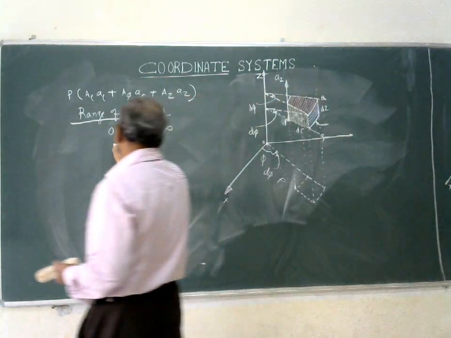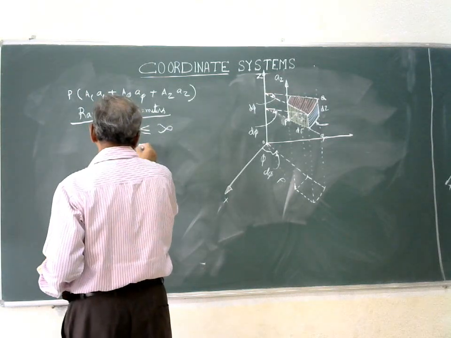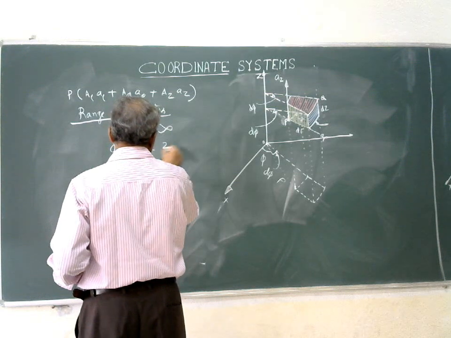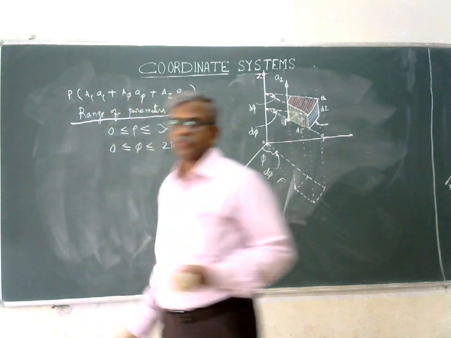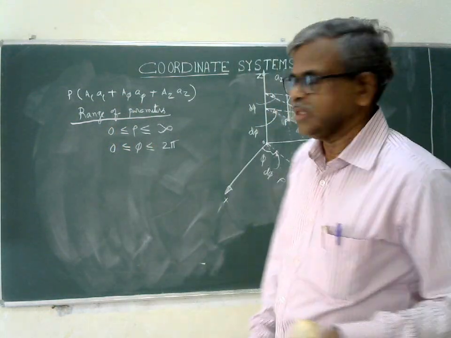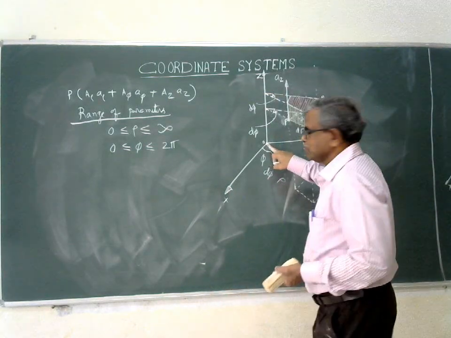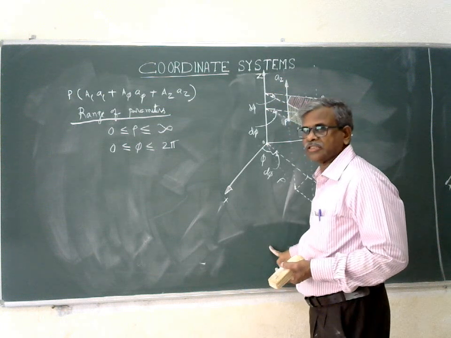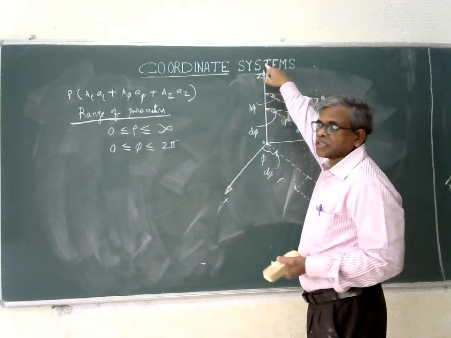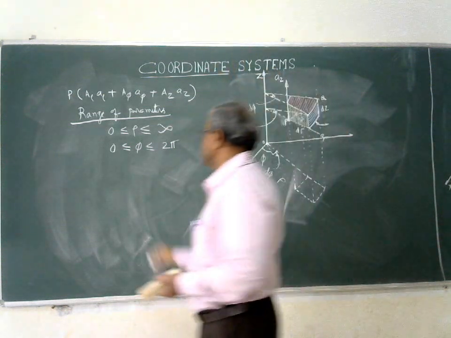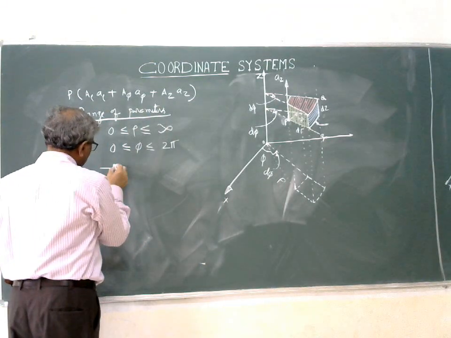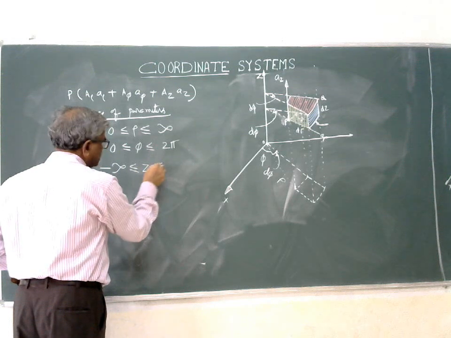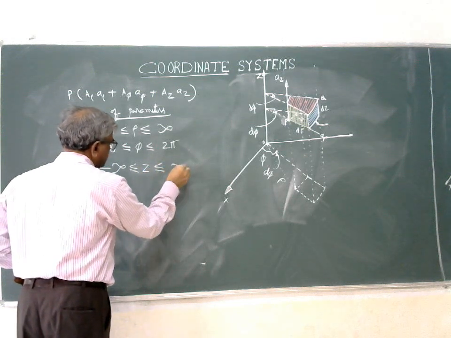So 0 is less than or equal to phi, less than or equal to 2 pi. And z can take its maximum value in this direction, that is minus infinity, and in this direction plus infinity. So minus infinity is less than or equal to z, less than or equal to plus infinity.